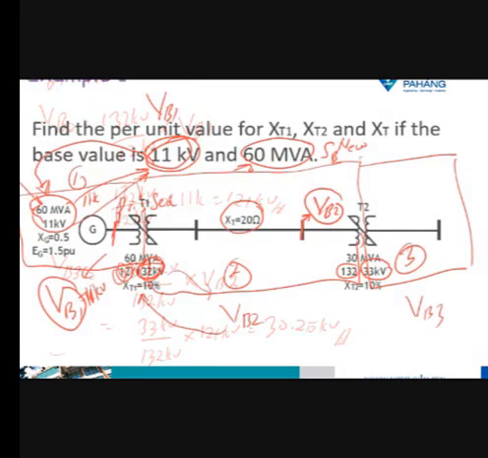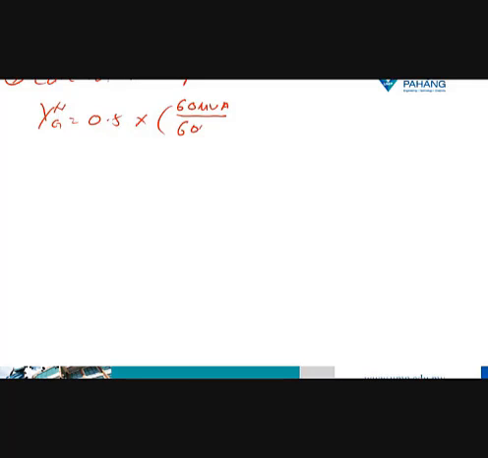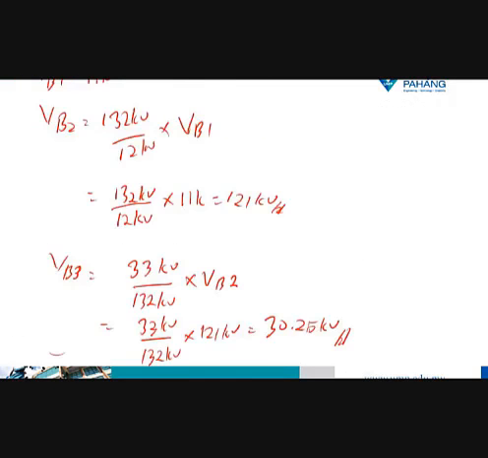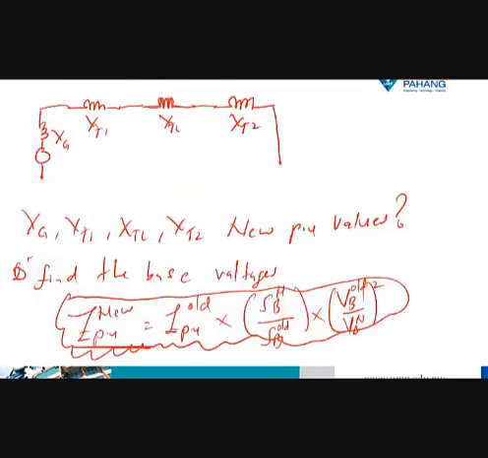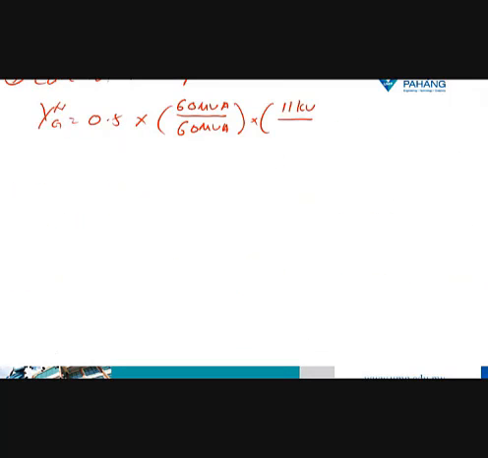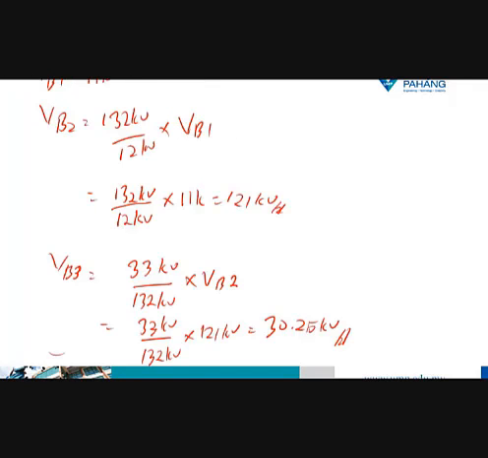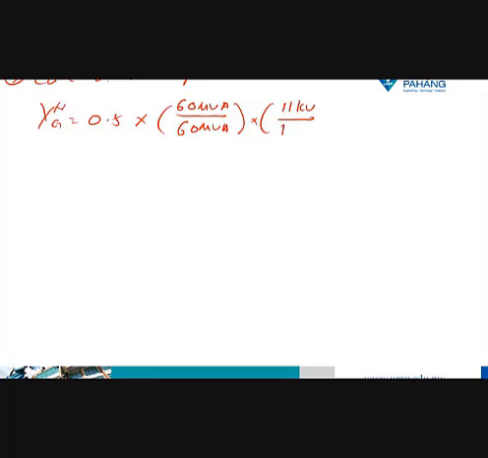S base old is also 60 MVA, times V base old, 11 kV, over the new base value, which we already calculated, also 11 kV, squared. Because these values are the same, we can cancel them out, and we get the same answer, 0.5 per unit for the generator.